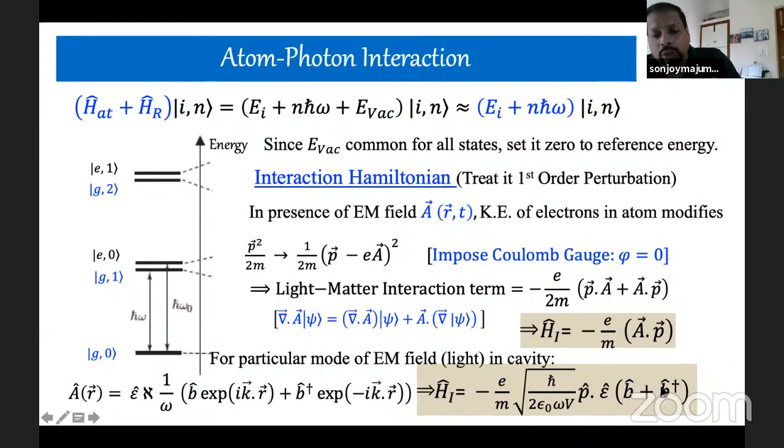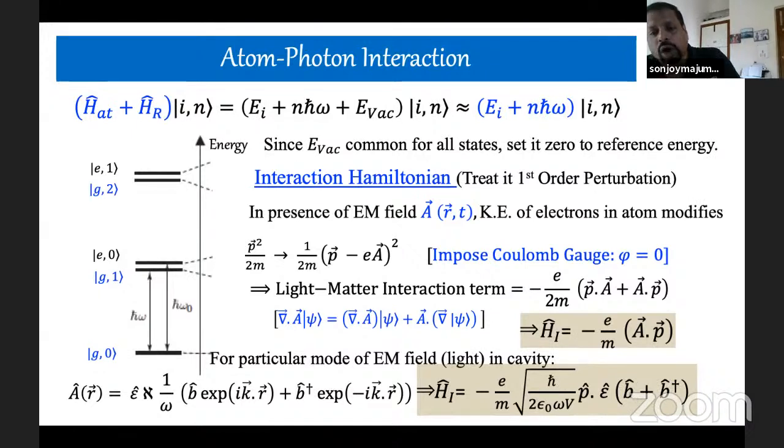In operator form, the interaction Hamiltonian is nothing but this: one P factor, the momentum of the electron, times the dot product with the polarization, and there will be the creation and annihilation operator part, which is from the electromagnetic field.